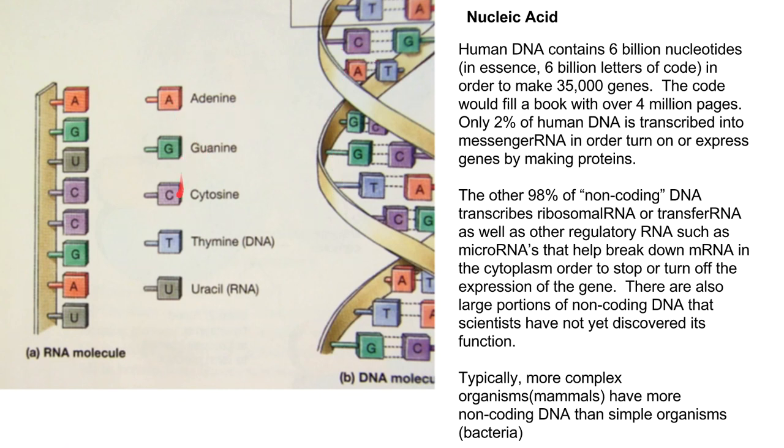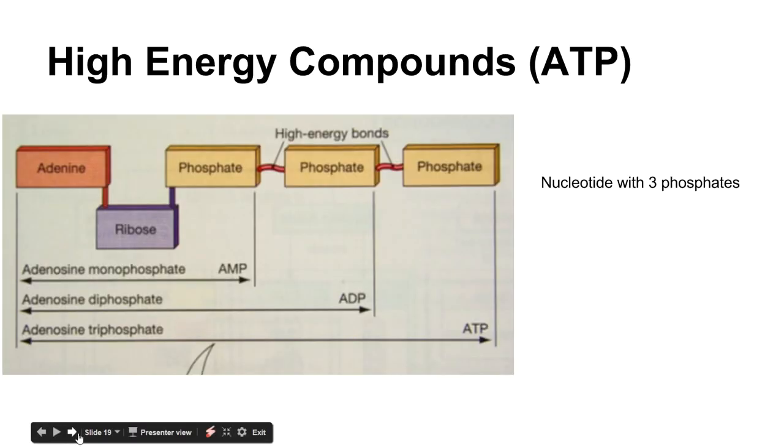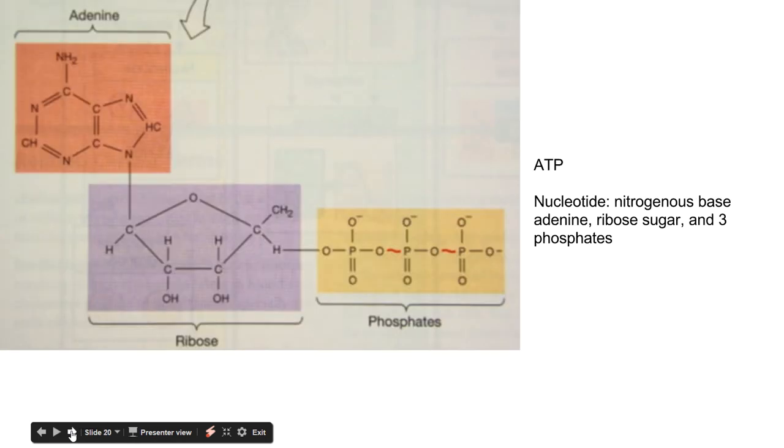So these are the nitrogenous bases, which are the letters of the codes, and the sugars and the phosphates make up the backbone. Now, ATP is also a nucleotide, so it is a nitrogenous base, a sugar, but it has 3 phosphates, and these extra phosphates attached is where we store energy inside living things, but we'll save a little bit of that for cellular respiration and photosynthesis.